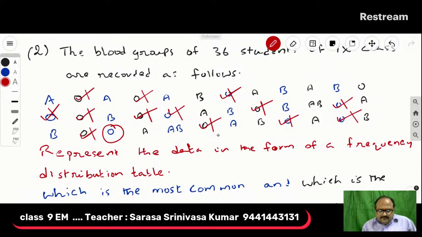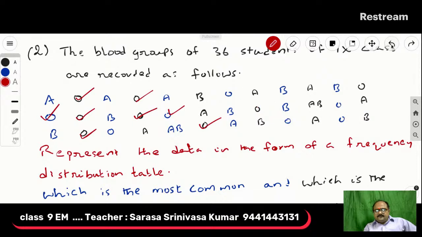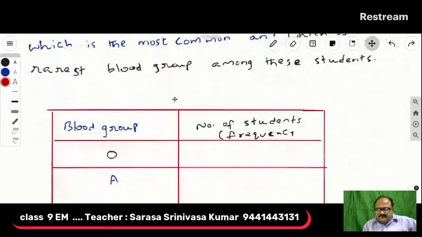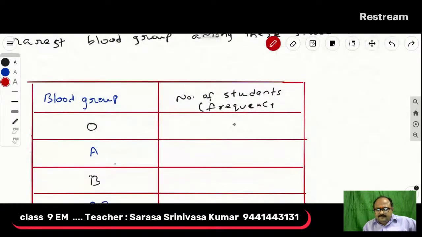So the frequency of O blood group is 14. Now we note down the frequency.